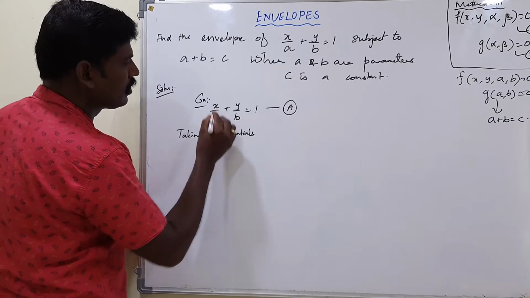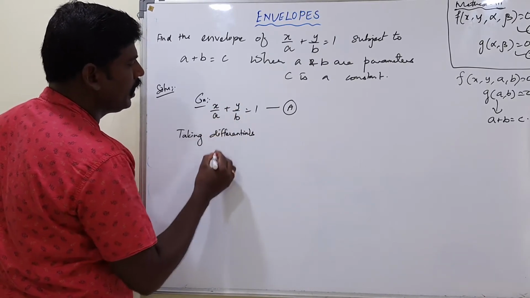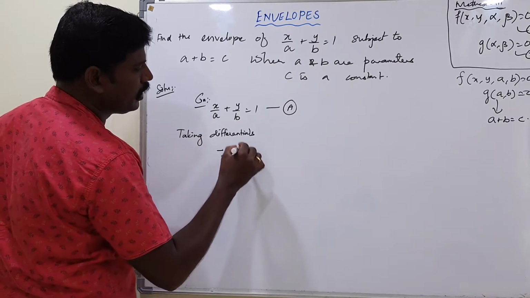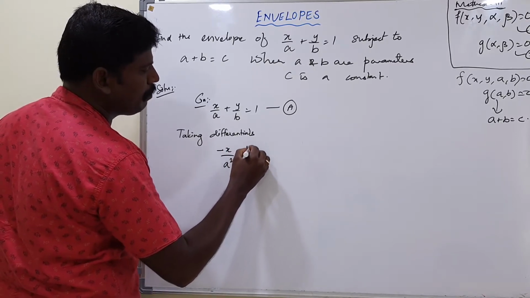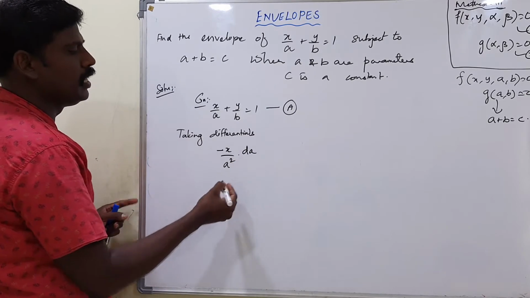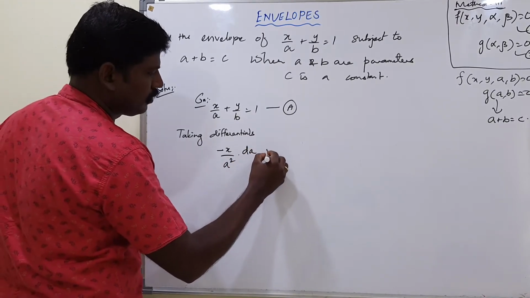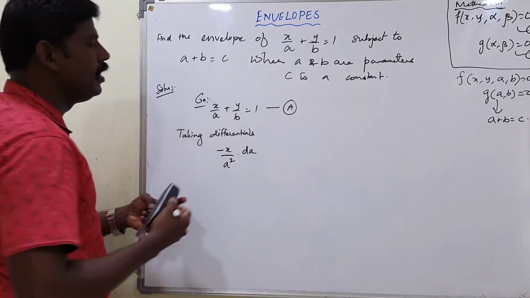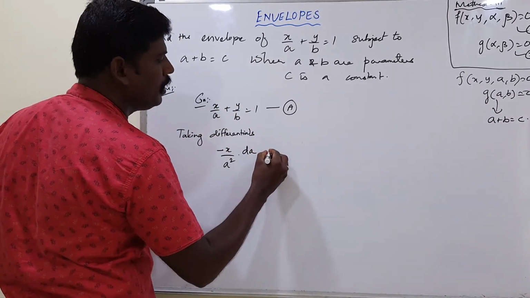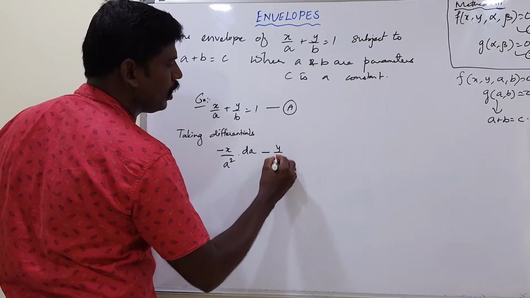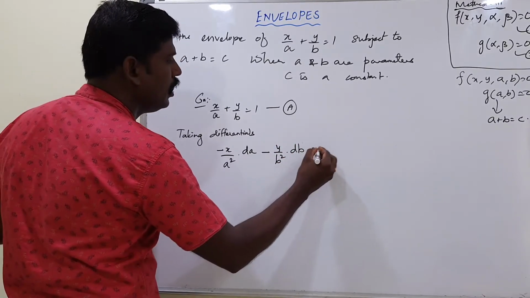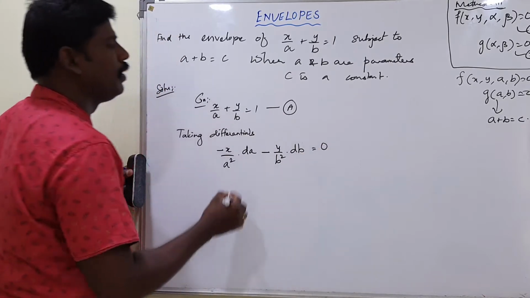So x and y are constant. The derivative of 1 by a is minus 1 by a square, into the derivative of a, which is dA by dt, or some other variable. Plus, similarly, the derivative of 1 by b is minus 1 by b square, so minus y by b square into db by dt, equal to the right hand side, which becomes 0 because it is a constant.